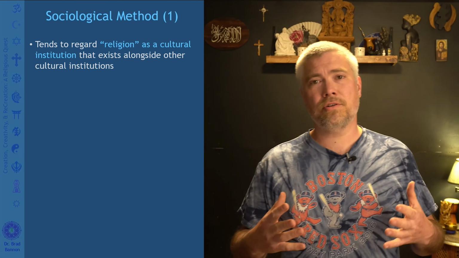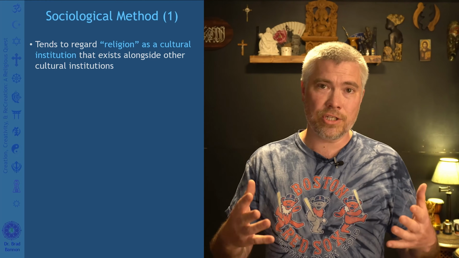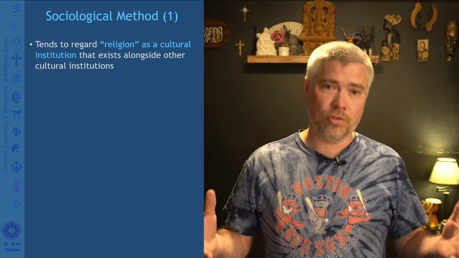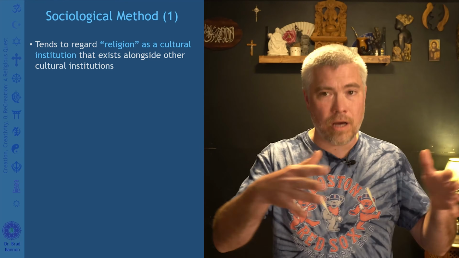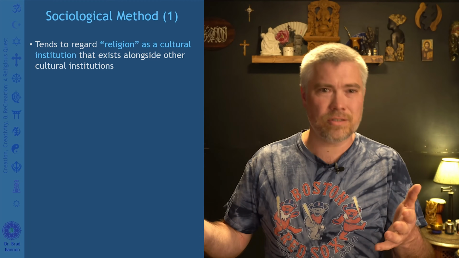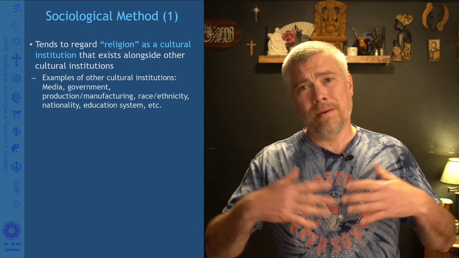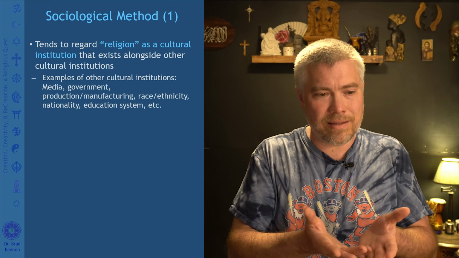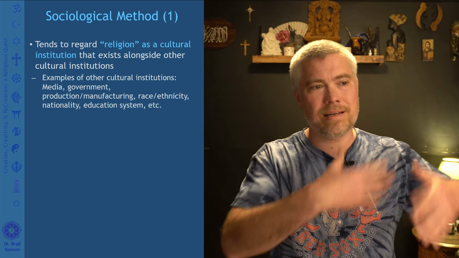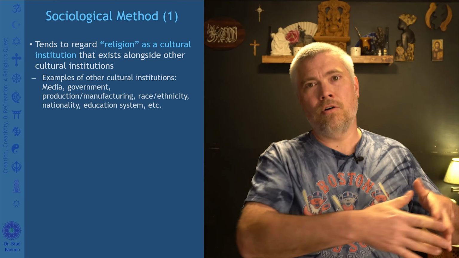When the sociological method is applied to religion, it tends to regard religion as a social or cultural institution that exists alongside other kinds of social and cultural institutions. So what is a cultural institution? Examples could be anything from media, right? Things that outlast a person, things that endure over generations.